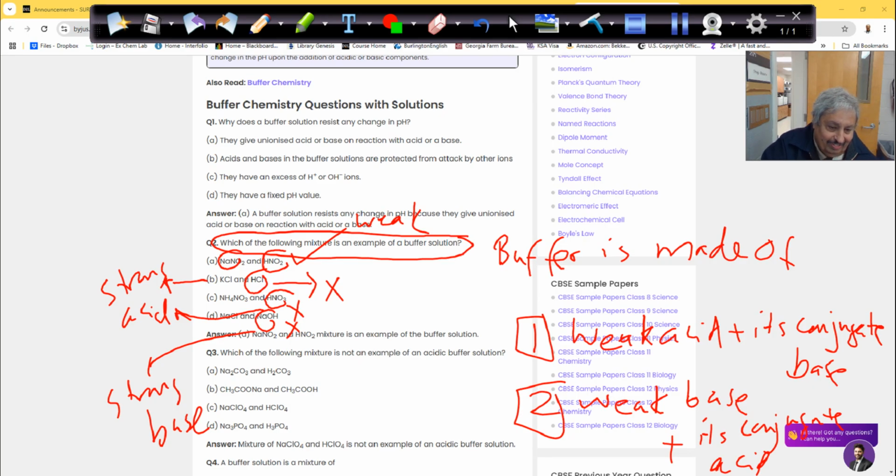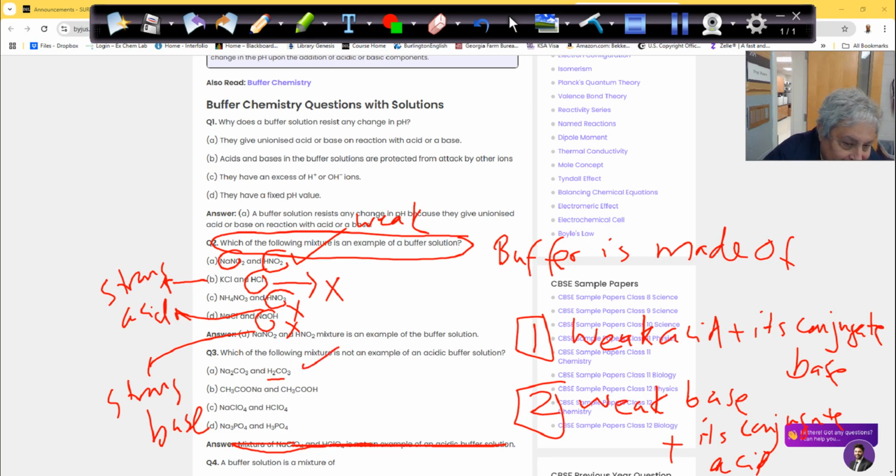How about Q3? Which of the following mixtures is not an example of an acidic buffer? Which one? This is a buffer, correct?